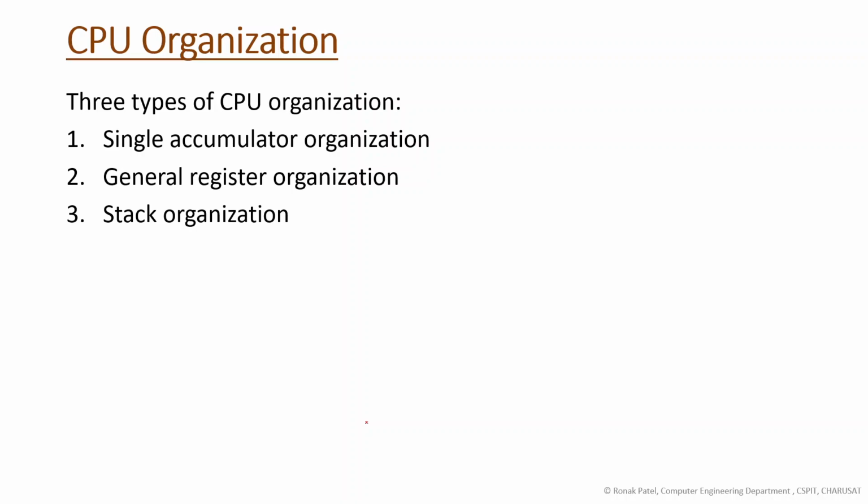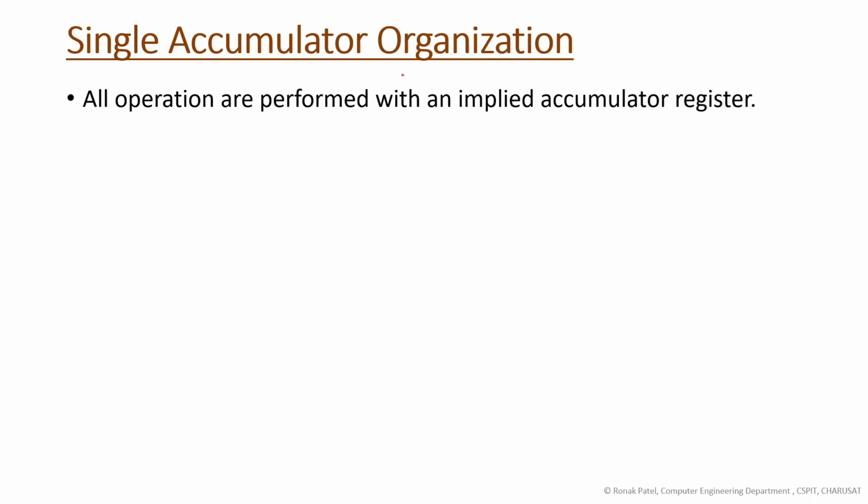Let's first see the first CPU organization, that is single accumulator organization. In this, all operations are performed within an implied accumulator register, so they will use the accumulator register only.